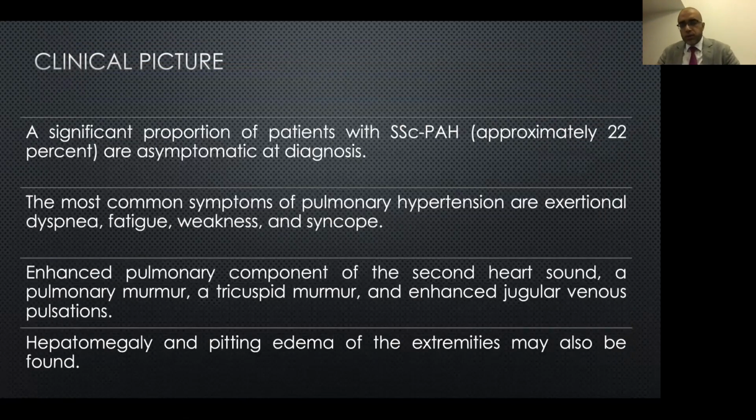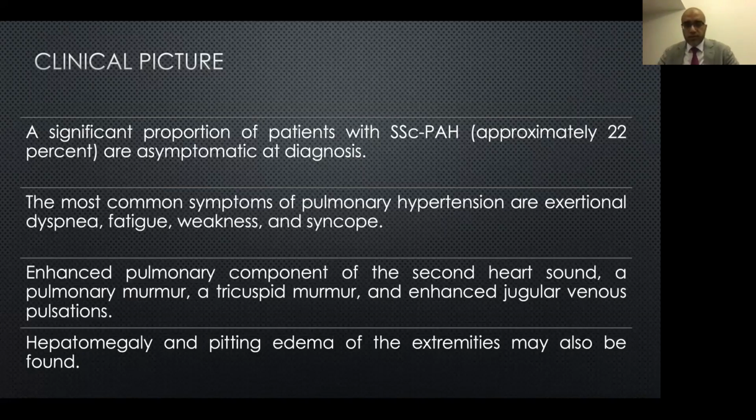Coming to the last point, the second objective, which is the clinical presentation. We need to remember that a significant proportion of patients, almost 1/4 of the patients, are completely silent and don't have symptoms for diagnosis. That's why the clinical picture is not a sensitive tool to pick up patients at early stages.